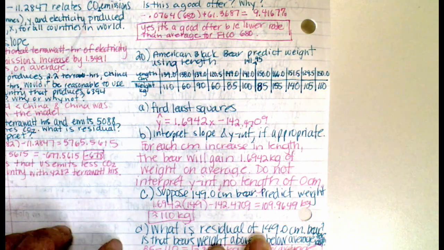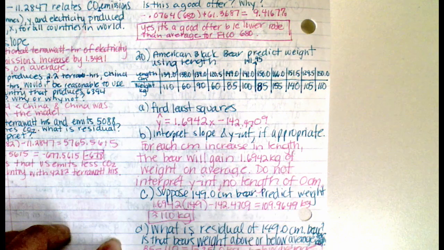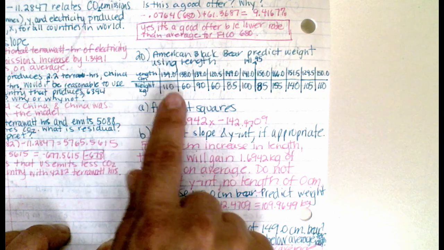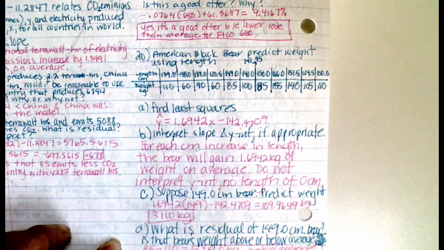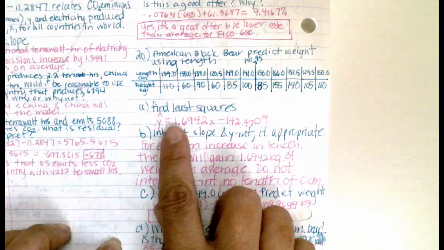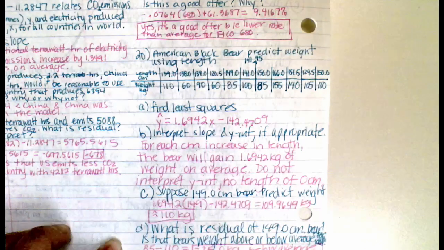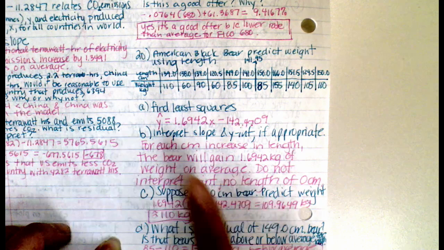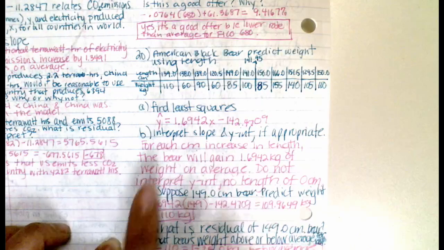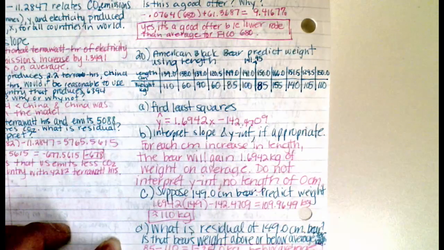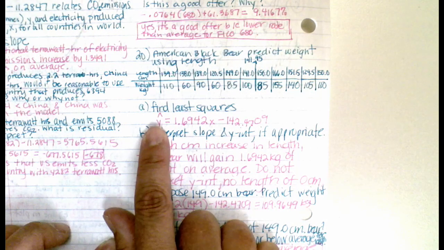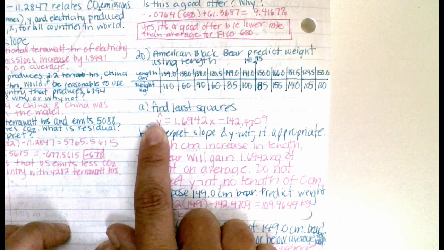It says that explanatory is length, so you should choose length for your X and weight for your Y. StatCrunch will spit this out at the top. Remember that when it spits it out with the words, it's totally fine if you wrote it with the words here instead of Y and X. That's okay. Just remember that the hat symbol always goes over the response variable.